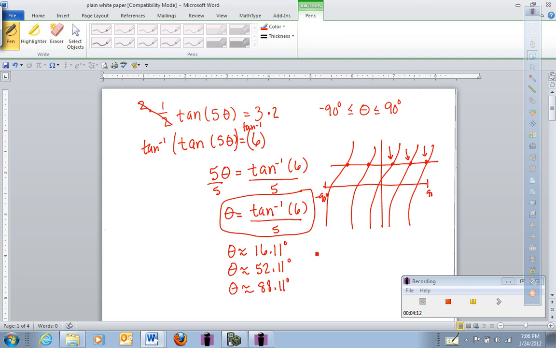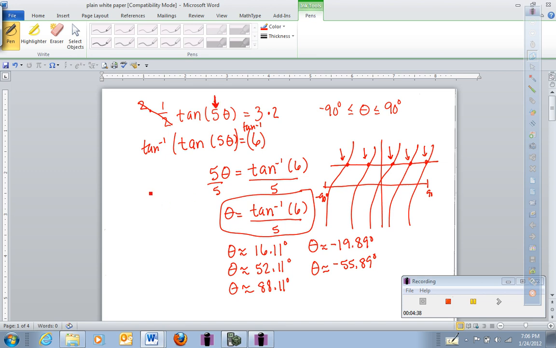But you also had 2 solutions back here in the negatives, and one of those was -19.89 degrees, and another was -55.89 degrees.